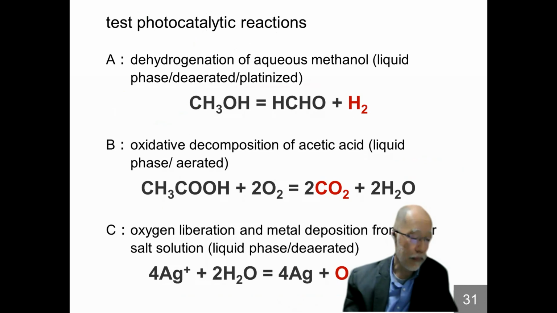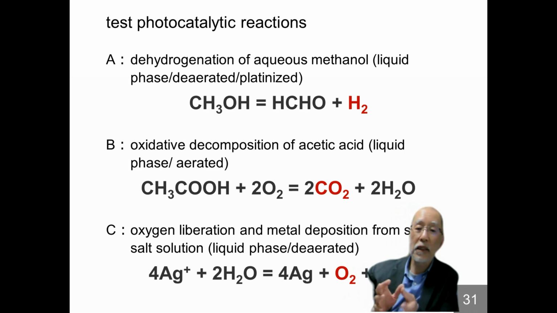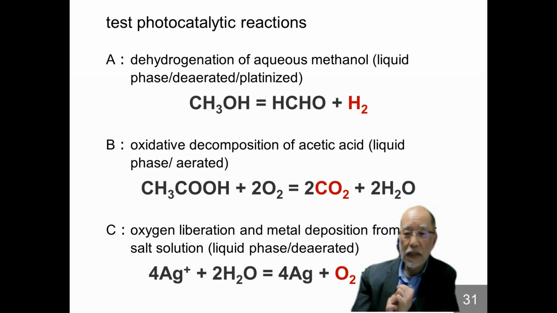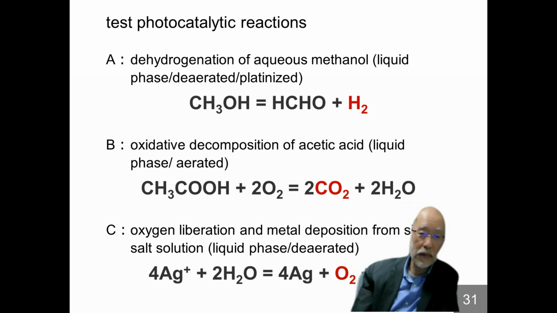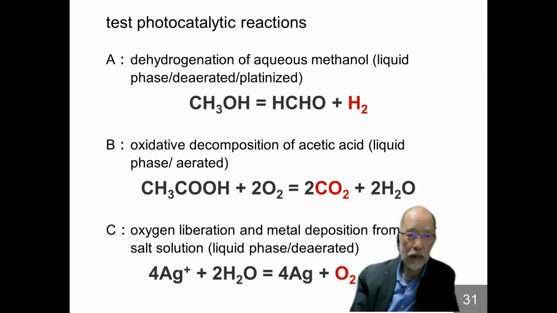Okay, so then we check the photocatalytic activity. Probably you may know such a term, photocatalytic activity. Photocatalysis means the irradiation of a suspension of a semiconductor photocatalyst, for example, titanium oxide. The photoirradiation gives the reaction. And we choose 3 kinds of photocatalytic reaction.